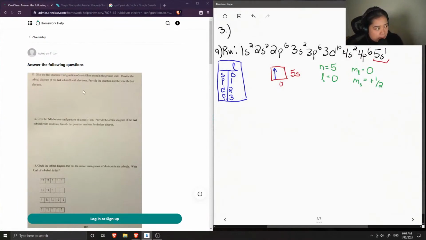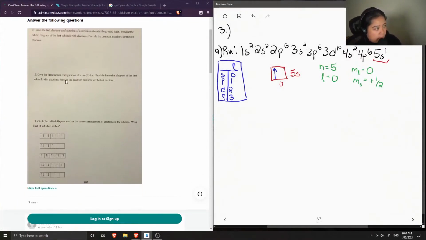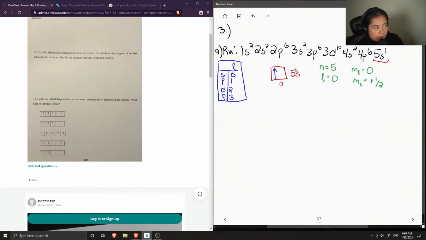So now let's see part B, which is to give the full electron configuration of a zinc 2+ ion. Provide the orbital diagram of the last subshell with electrons, and then provide the quantum numbers for the last electron.